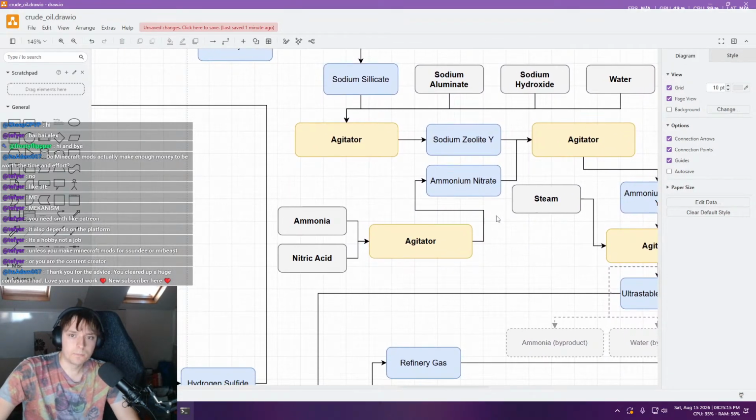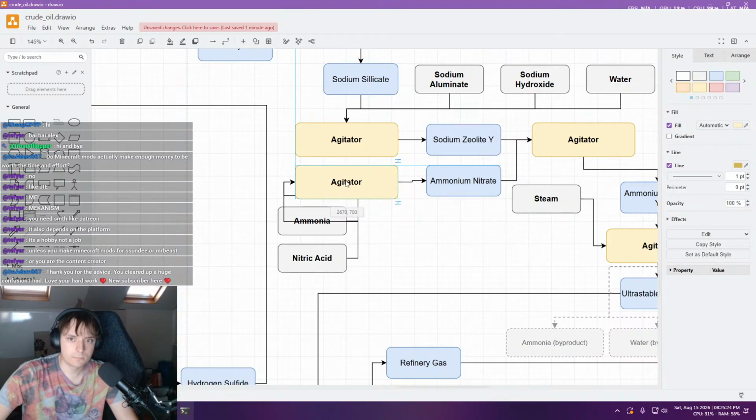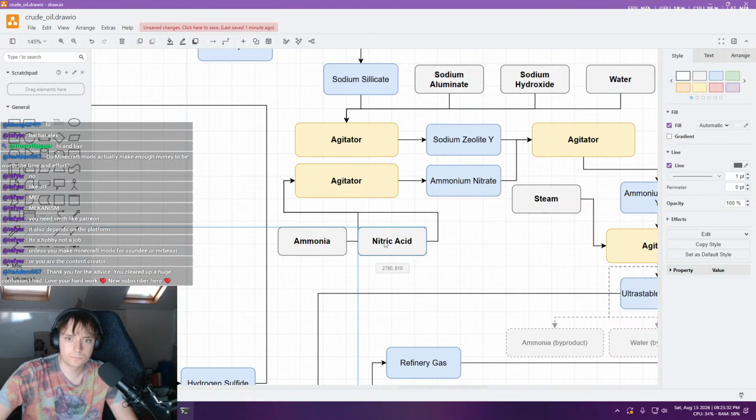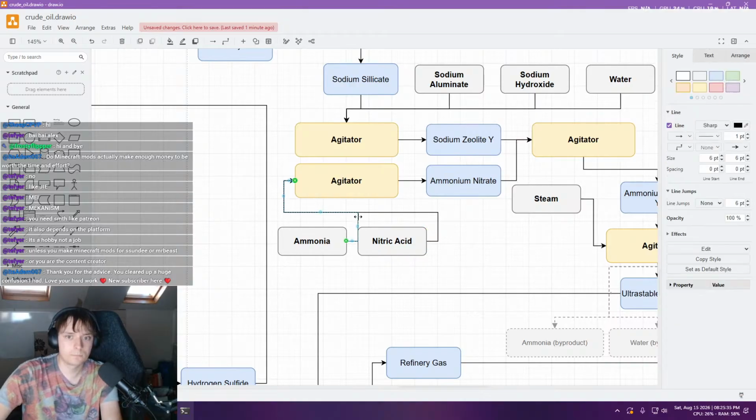Et voila. We could probably flip this, and then actually that would fit much nicer. I'm thinking something like this. So if we did that.